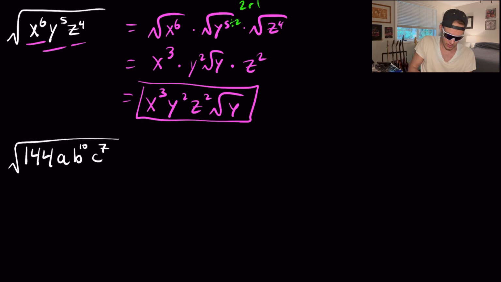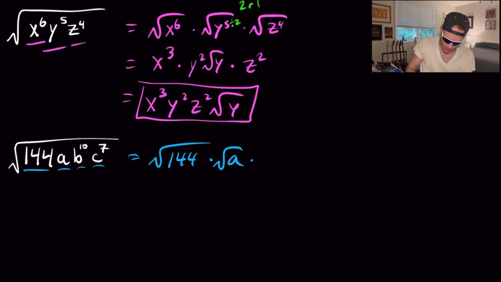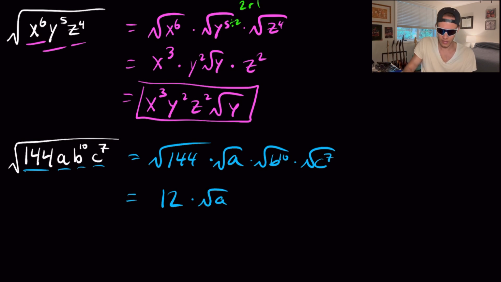All right, similar thing here, just 4 terms. So just split them up, give each of them their own square roots. We'll have square root of 144 times square root of a times square root of b to the 10th times square root of c to the 7th. The square root of 144, should know your facts, that's 12. 12 times 12 is 144. Square root of a, we're going to leave that alone because can't simplify that.